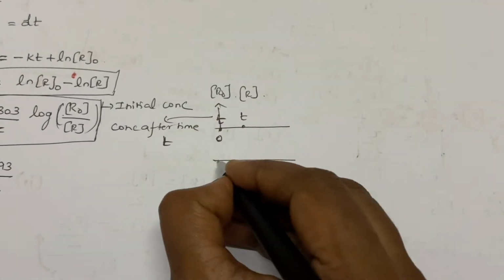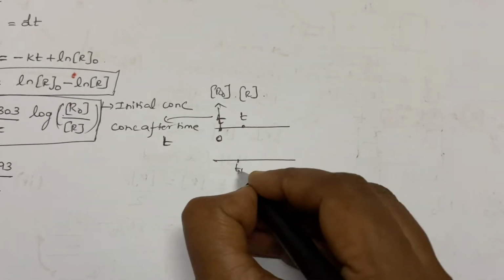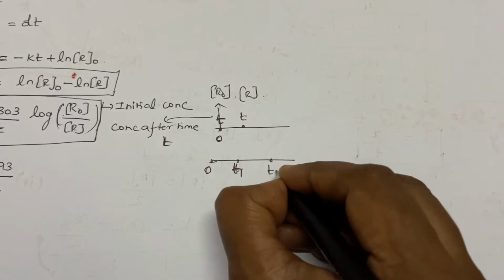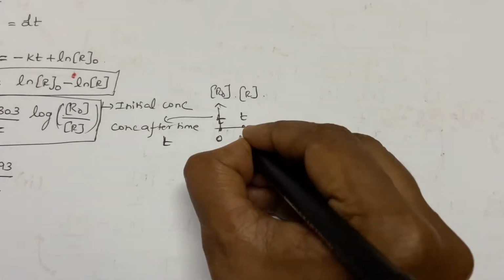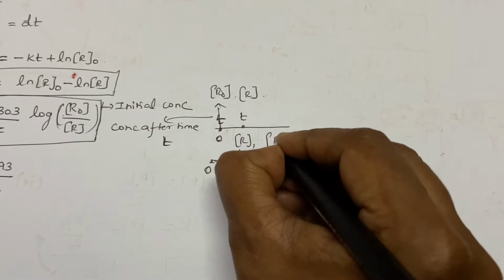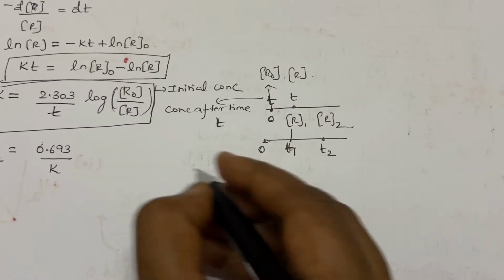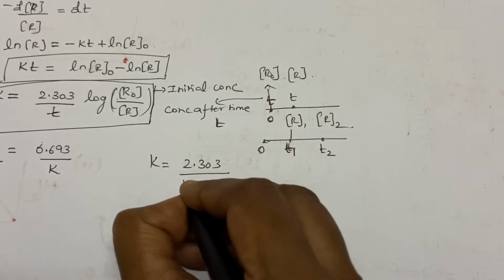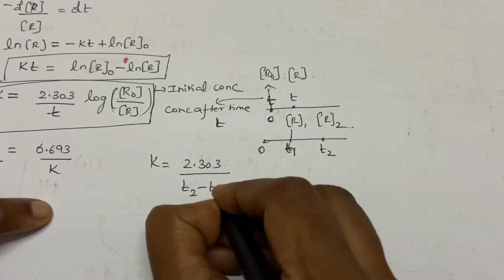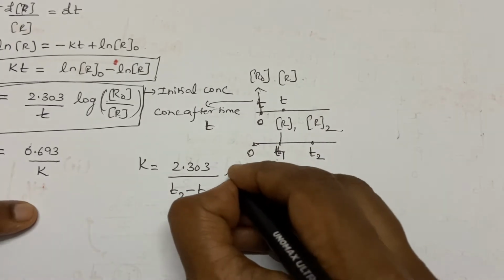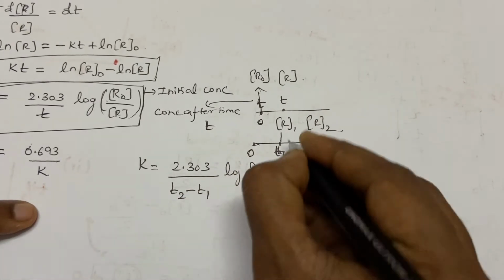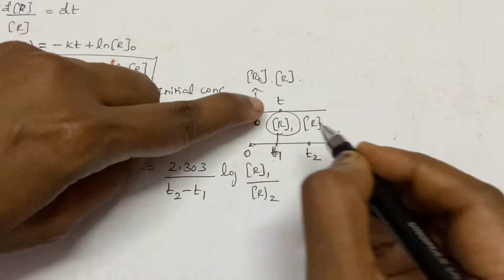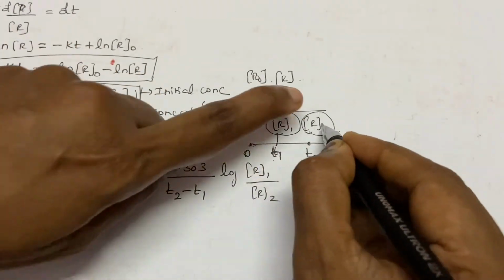If they speak about time t1, which is not the initial time but other than 0, and they speak about two different times with concentrations R1 and R2, we use the equation like this: k equals 2.303 divided by (t2 minus t1) times log of R1 divided by R2, where R1 is the concentration at time t1 and R2 is the concentration at time t2.